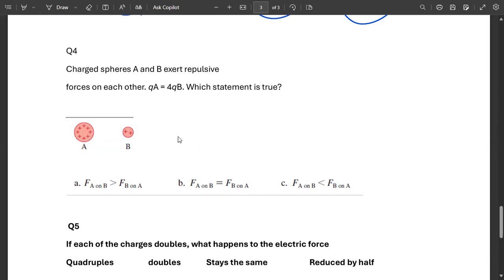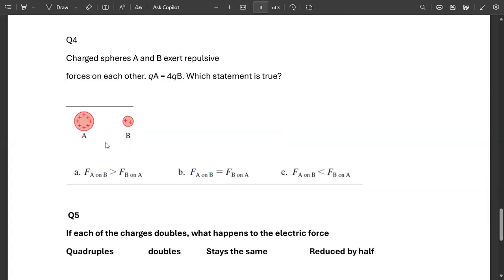Both of these positive charges are exerting repulsive forces towards each other, and the force that A is exerting on B, no matter the magnitude, is the same force that B is exerting on A, since both of these are positively charged.